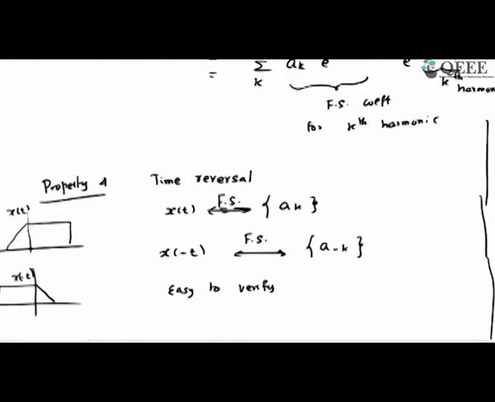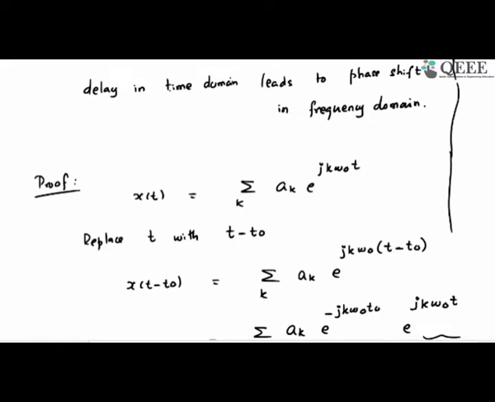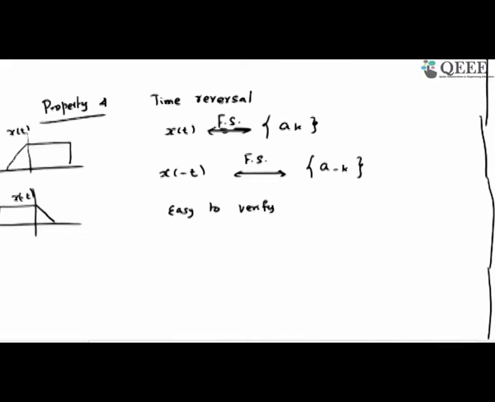It's similar to what we did here. So here we replaced t with t minus t naught. The same thing you can do here, t with minus t. If you replace t with minus t, then you will get this result. Okay, so this is straightforward.